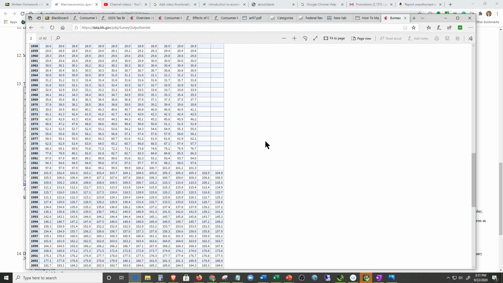So December of 79, the CPI was 76.7. And a year later, it was 86.3. So let's see what the annual inflation rate was over that year, basically over the year 1980.